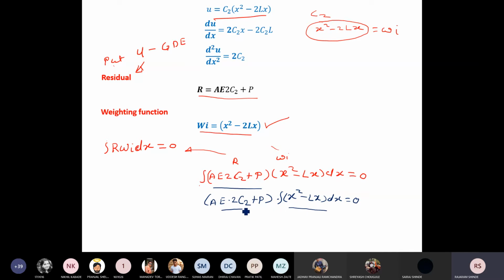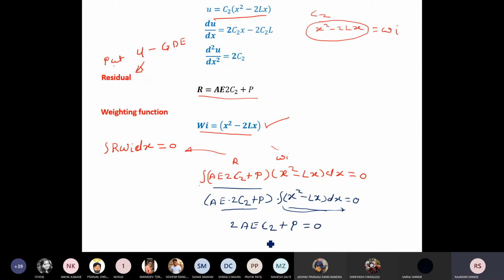Our aim is to find the unknown parameter. So I will take this side, and what I will get: 2AEC2 plus P is equal to 0.